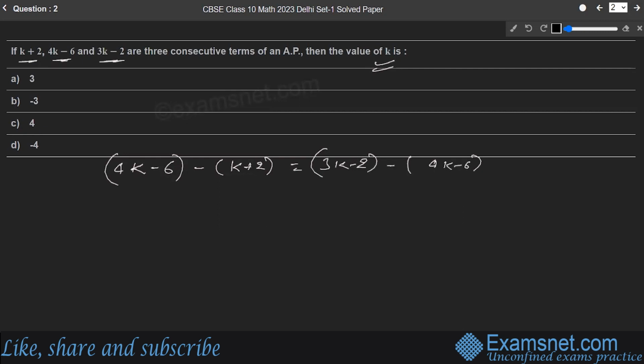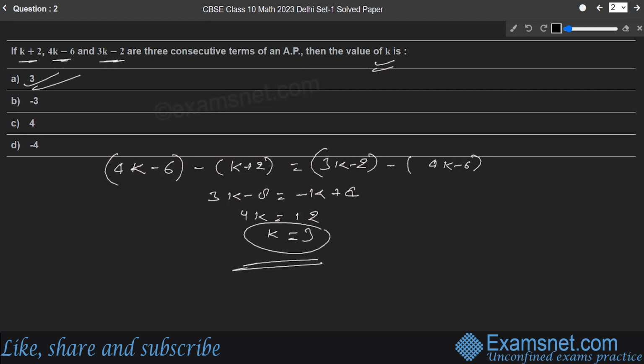Okay, if you solve this, how much does this become? This becomes 3k minus 8 is equal to minus of (k plus 4). And if we solve this further, 4k is equal to 12, and the k value comes out to be simply 3. So that is the right answer, option number A, k value is 3.